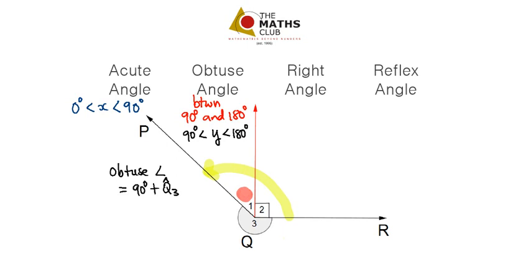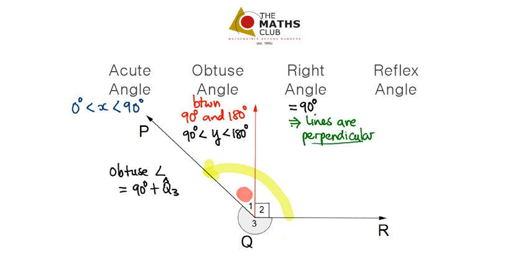Then we go to a right angle, which I think everyone knows. A right angle is equal to 90 degrees. We've got a sign to show that it is equal to 90 degrees, but there's something also important to mention about a right angle: it tells us that the two lines that form it are perpendicular. If I hear that lines are perpendicular, I know that they form 90 degrees between them.